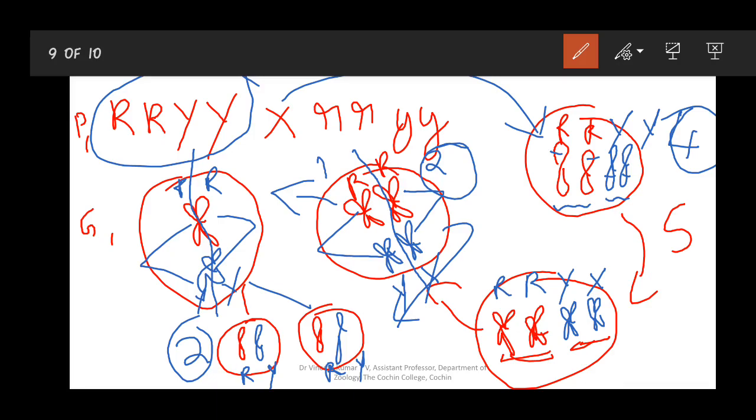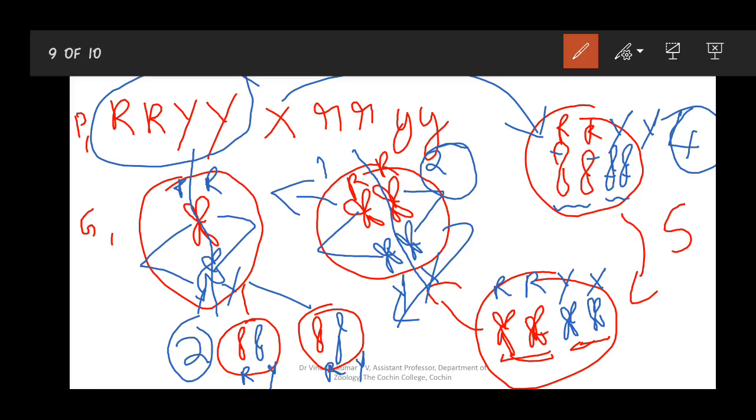A special thing to be noted here is that in a single gamete you have 2 chromosomes. The chromosome number is reduced from 4 to 2. If you take an analogy to human meiosis, we have 46 chromosomes, which is our diploid number, and after meiosis the 23 pairs are separated.